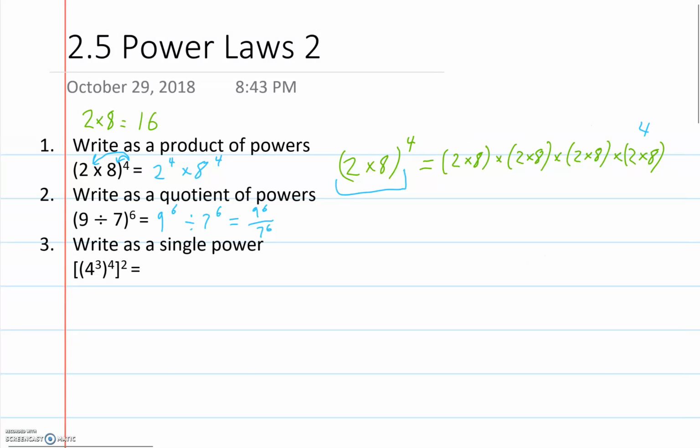Now, thinking about the fact that we can go in any order for multiplication, we can rearrange this to look slightly differently. Let's count up all of the different 2's. We've got 1, 2, 3, 4 2's, so we've got 2 to the 4. And how many 8's? 1, 2, 3, 4 8's, so we've got 8 to the 4.